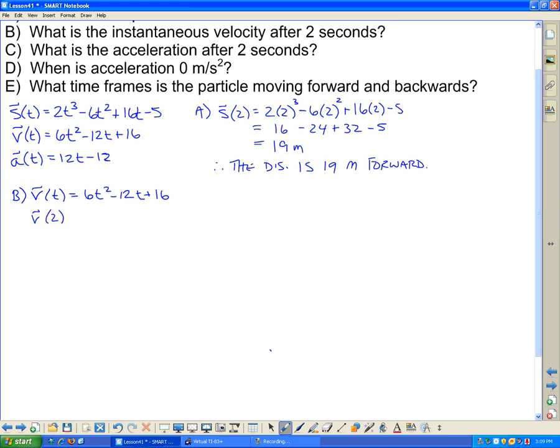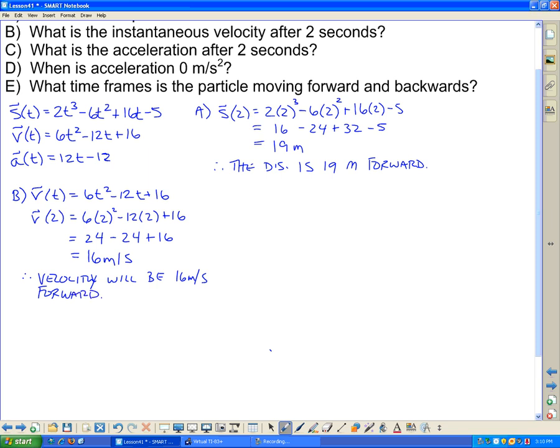We're just plugging 2 into the equation and solving. So we end up with 24 minus 24 plus 16, so that's 16 meters per second. Therefore, velocity will be 16 meters per second forward because it's a positive value.